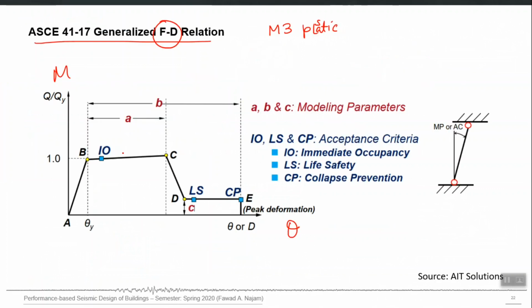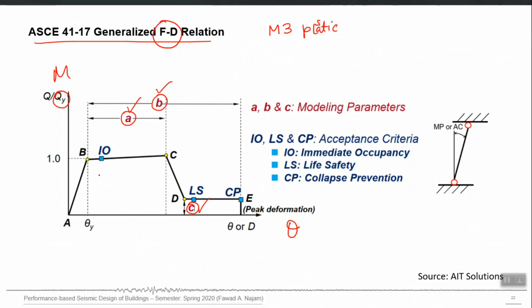So ASCE 41 provides you the action versus deformation curve in the form of small a, small b and small c. These 3 are called modeling parameters. If you calculate the yield moment capacity My, then you can plot this full curve if you are given small a, small b, small c, right.